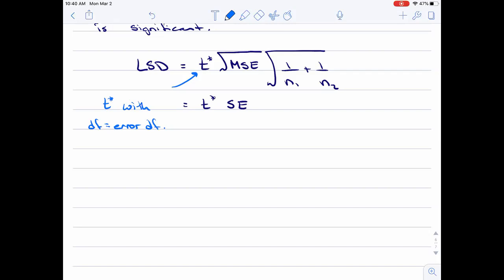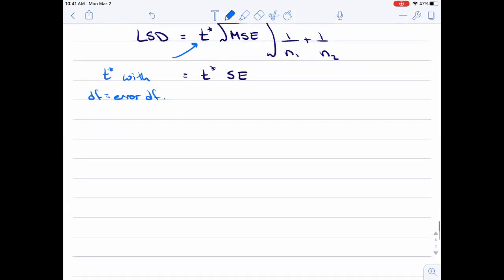Usually an alpha of 0.05, which corresponds to a 95% confidence level, unless you want to adjust it.